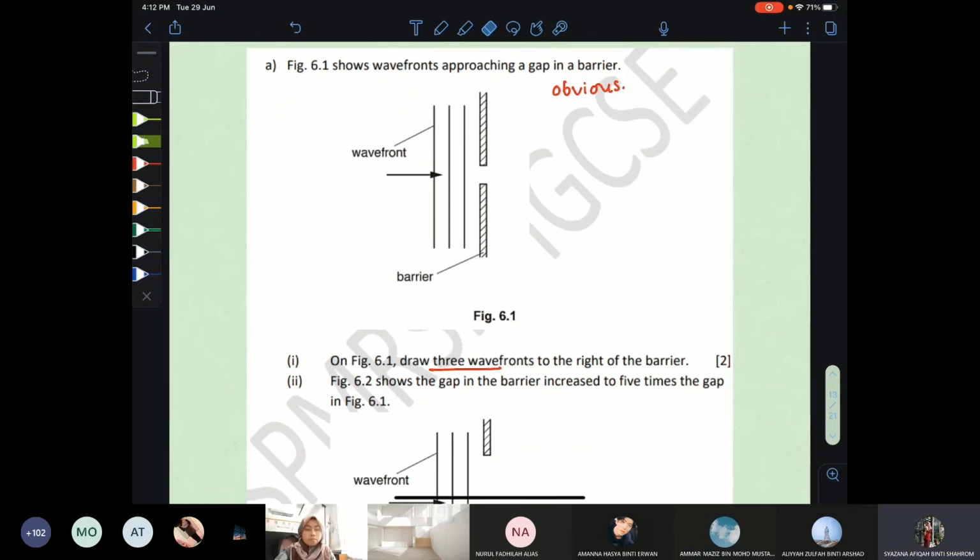Alright. Okay, so buatlah draw 3. 1, 2, 3. Betul? Betul. Siapa kata betul? Angkat tangan. Cikgu tak nampak pun lah. Tapi siapa kata salah? Angkat tangan. Kenapa salah? Wavelength.